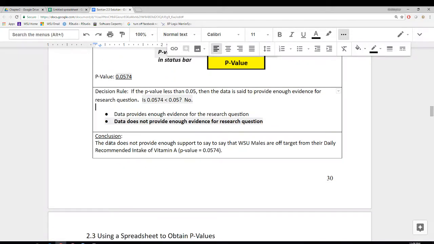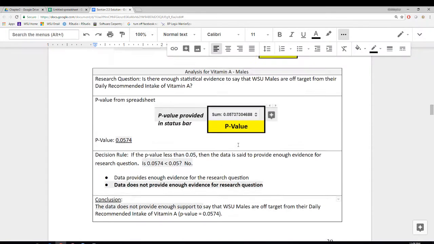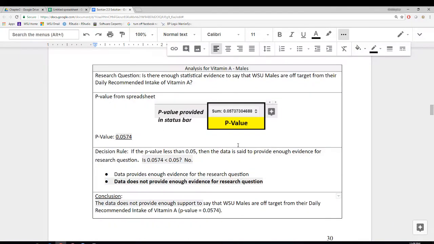Now for the conclusion, which I think you're probably getting pretty comfortable with by this point. I have my decision, which is the data does not provide enough support. That's the first part. The second part is my research question, so I just need to come back up here and grab that. My research question was asking whether or not males were off target from their daily recommended intake.